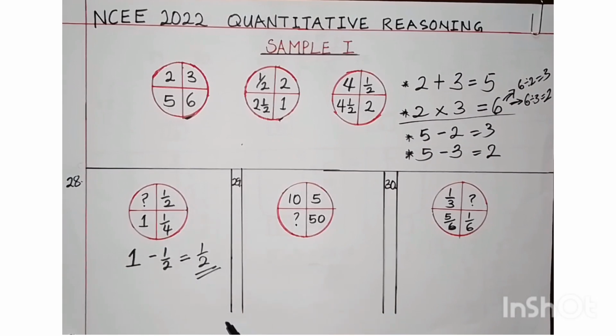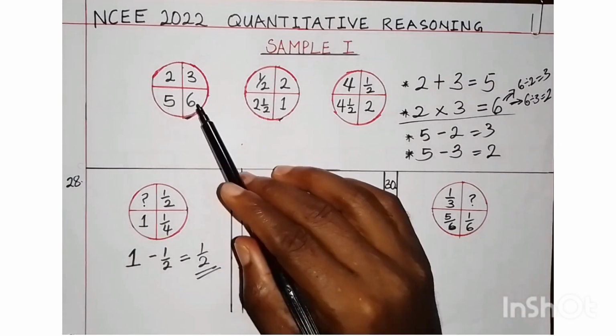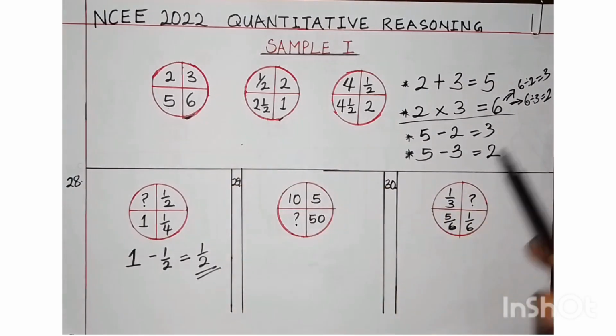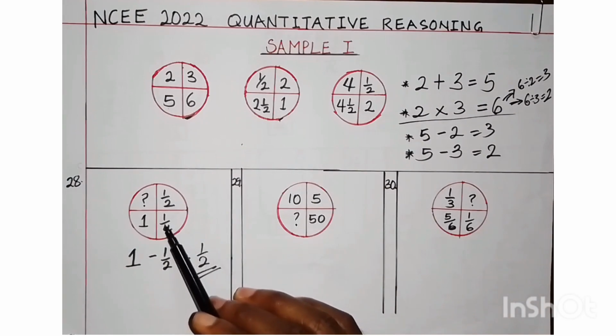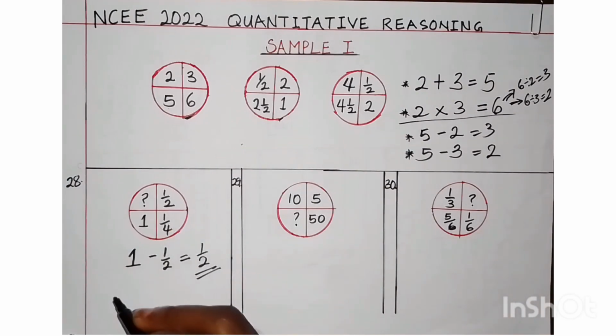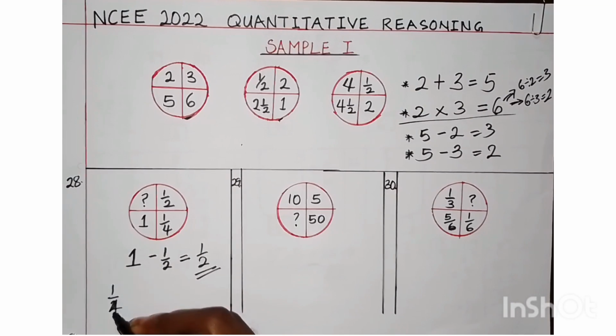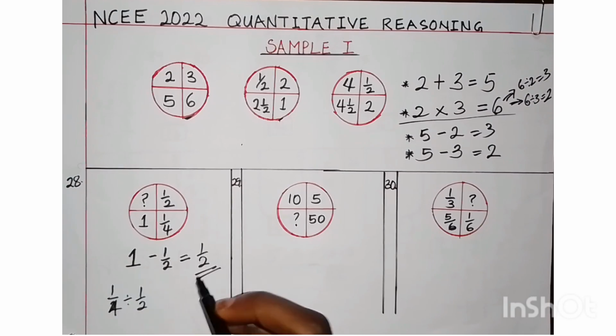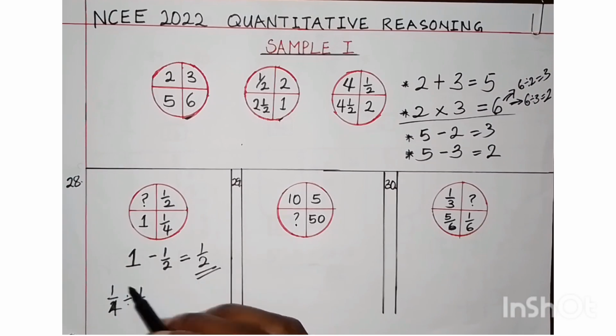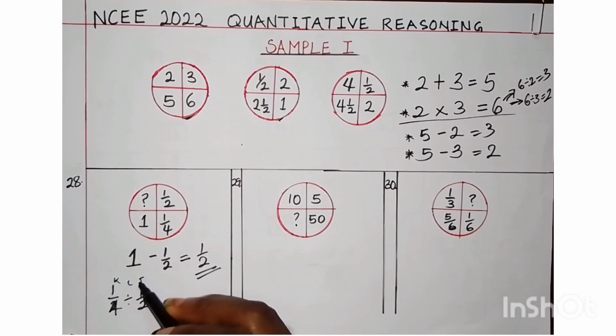You could also do division. For us to get 2, we do 6 divided by 3. So here we do 1 over 4 divided by 1 over 2. We could do our cross multiplication and get the answer, or we do keep, change, flip.